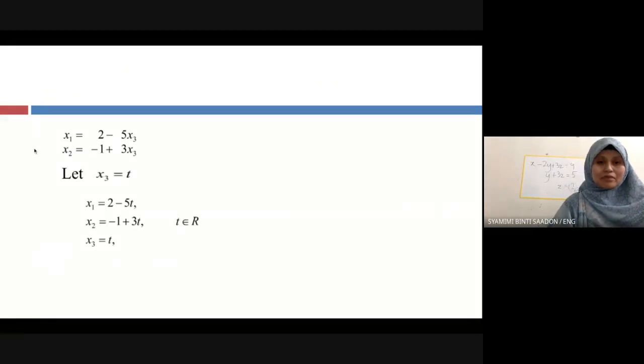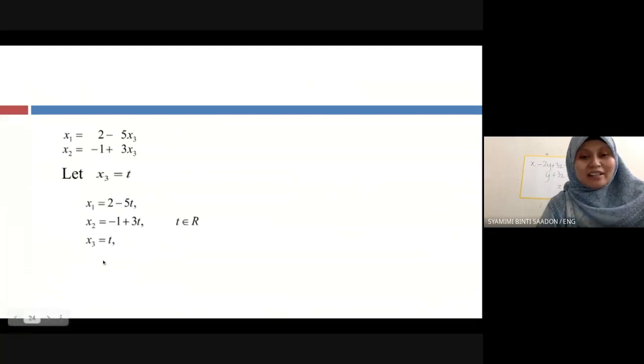For example, if we assume x3 is equal to t, any t that is valid in real numbers, then x1 depends on t. So here we write x1 as 2 minus 5t, and x2 as -1 plus 3t, and x3 equals t.